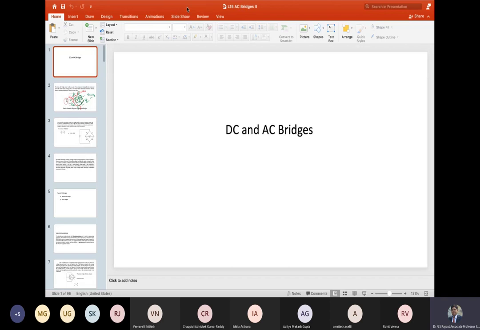If we talk about only the resistive component, DC bridges will work, and for the measurement of inductance, capacitance, or impedances, AC bridges are required, right?